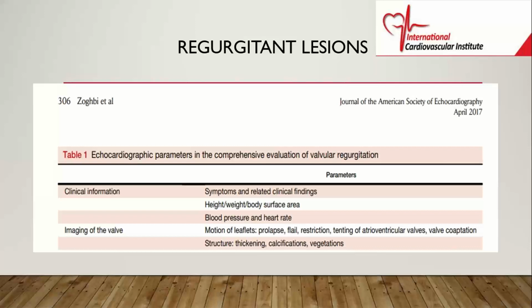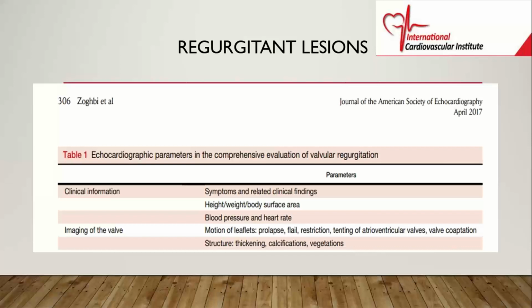Some basic history, symptoms and other related clinical findings, and then the height and weight, so we can get a body surface area. That's crucial. Never let someone come to the lab and you don't get the height and weight.